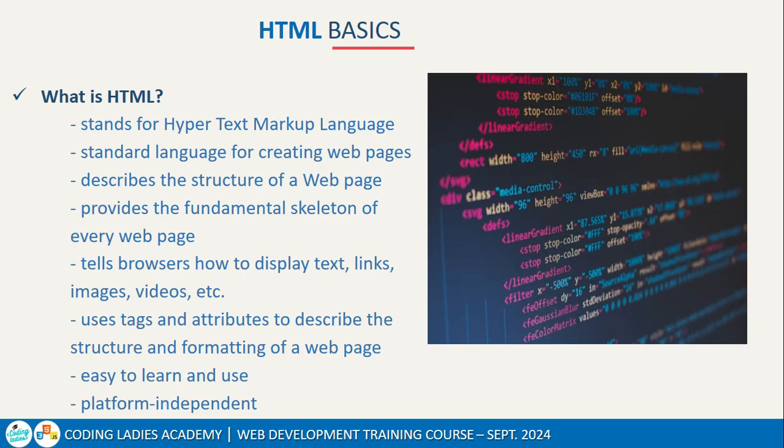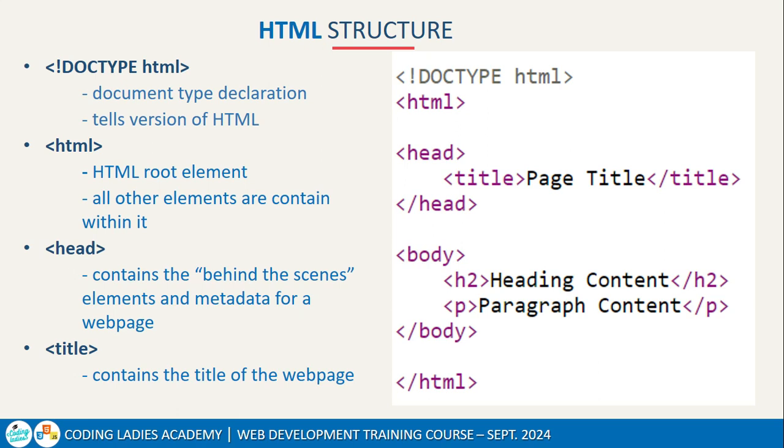All right, then we went to look at the structure of an HTML document, where we got to understand that in declaring an HTML document, you need to declare the doctype, which specifies the version of HTML that you are using, and the doctype is the fifth version of HTML.